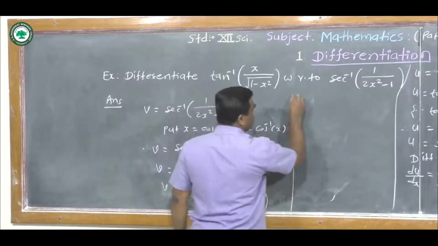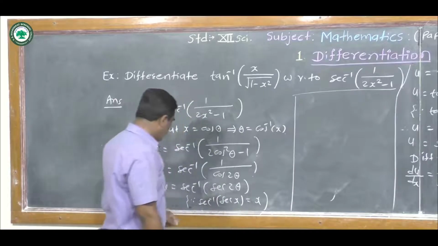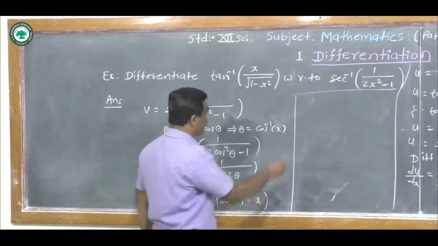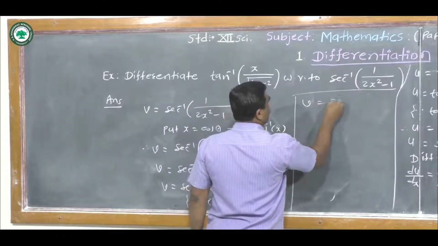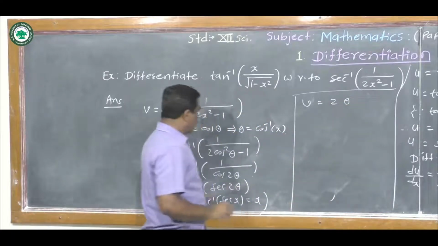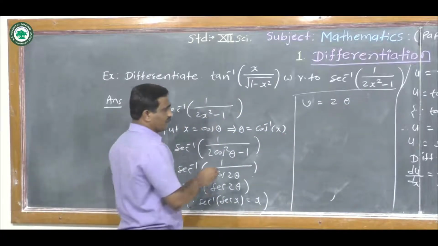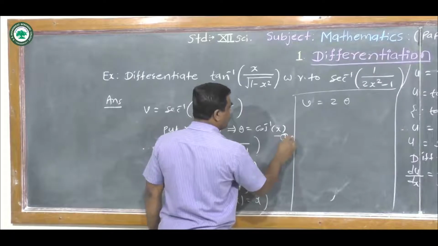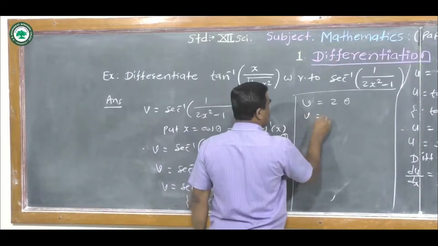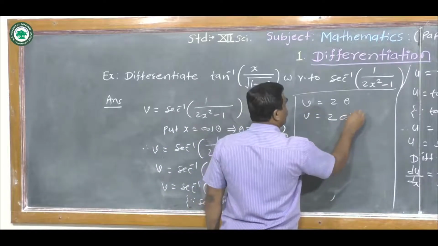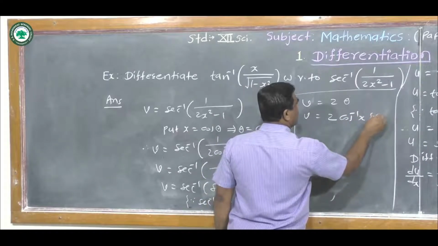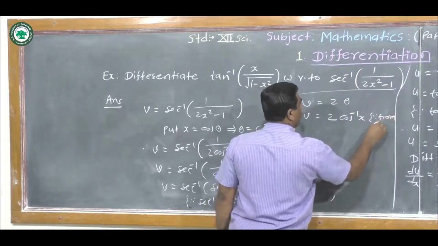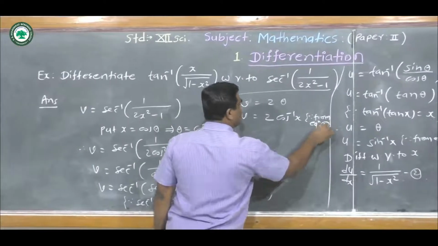Therefore we can write v is equal to 2 theta. Now put the value of theta from equation 3. We get v is equal to 2 into cos inverse of x.